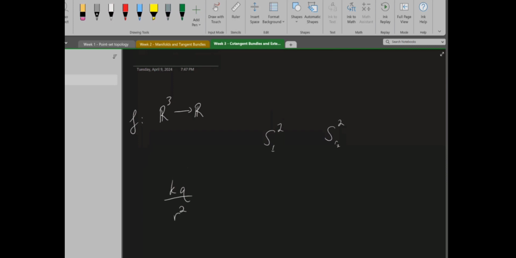But the charge is distributed on the sphere. So this is the potential function? Potential function will be the derivative of this function. No, other way around. The potential gives you the gradient flow, so the gradient of this will be the field, that is the forces.